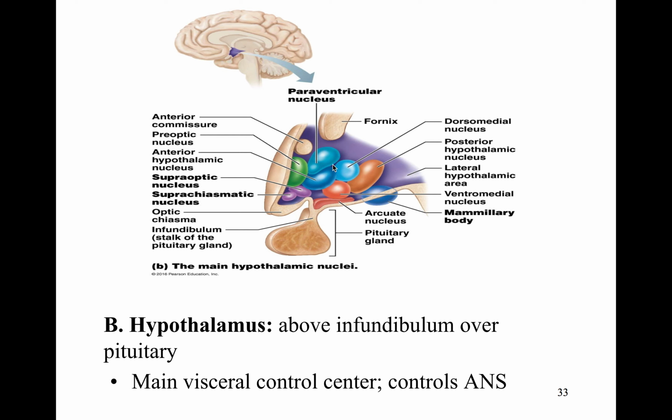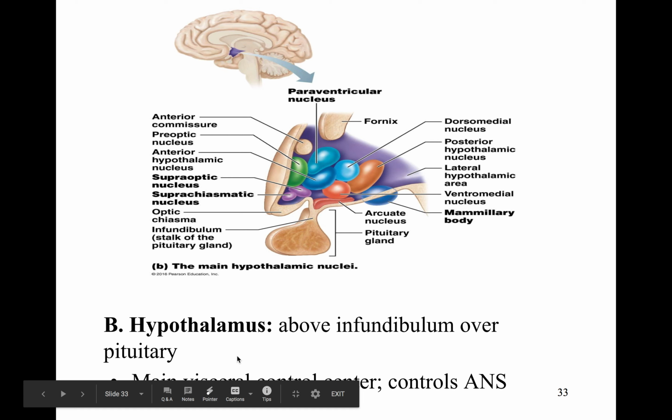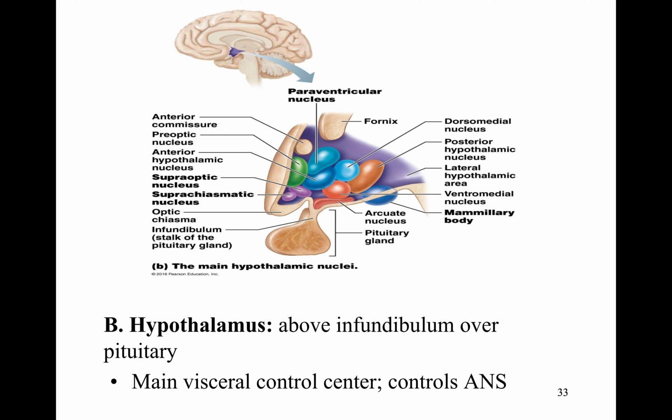All of the neurons in the hypothalamus function as the main visceral control center. So the hypothalamus is our main visceral control center, or the main control center of our organs. Remember, anytime you hear visceral, think organs. So the visceral control center is going to be a bunch of neurons that are helping to control our organs.